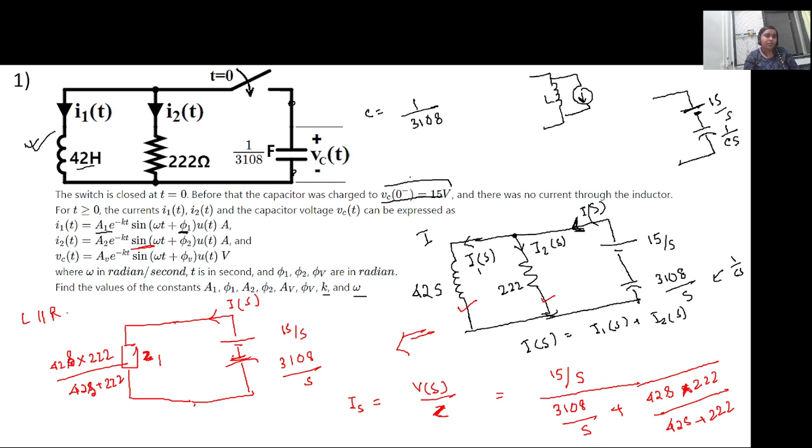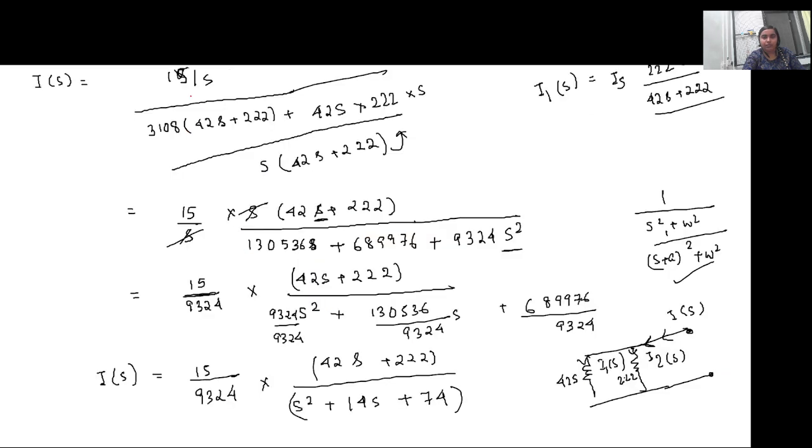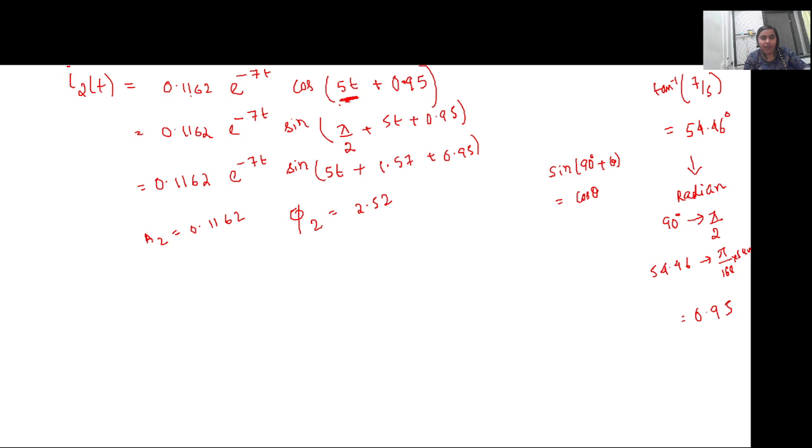Now the last thing is to calculate V of C. Since we have already calculated I1 and I2, we can also calculate the voltage across this. Since we already have the impedance here, to find VC, whatever the impedance here would be, this is Z. So this is the VC.